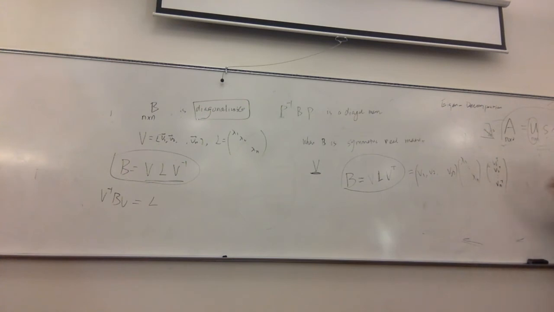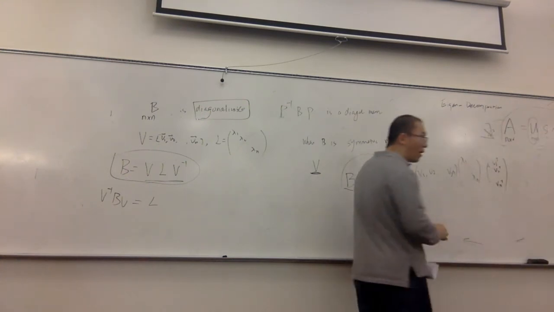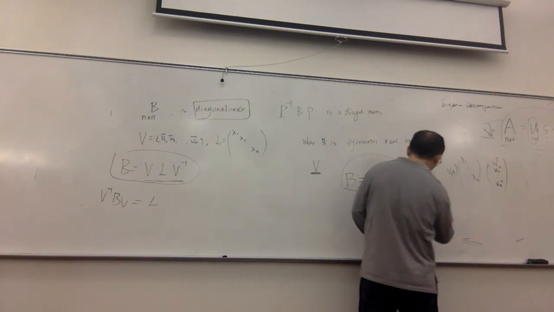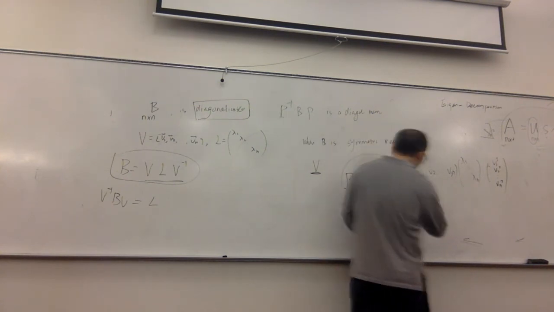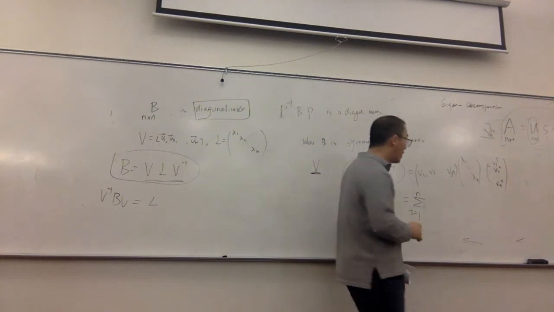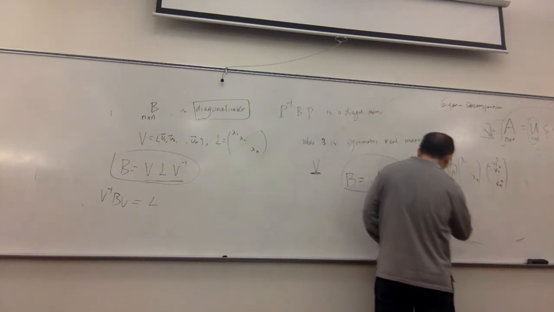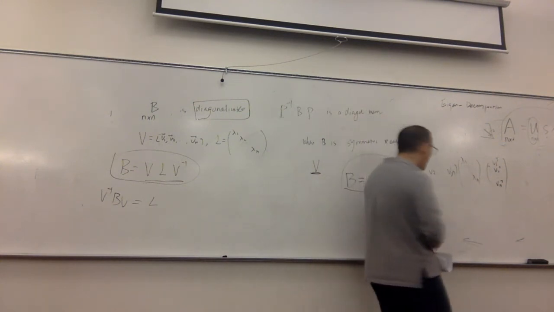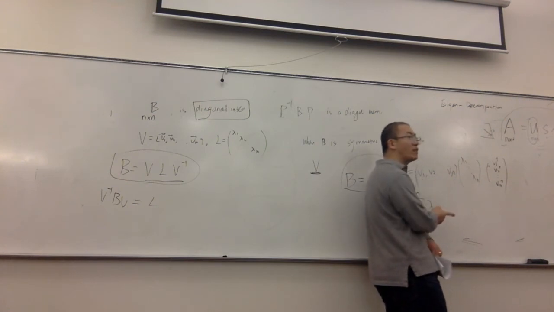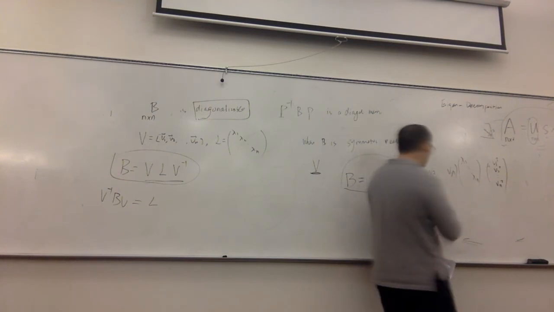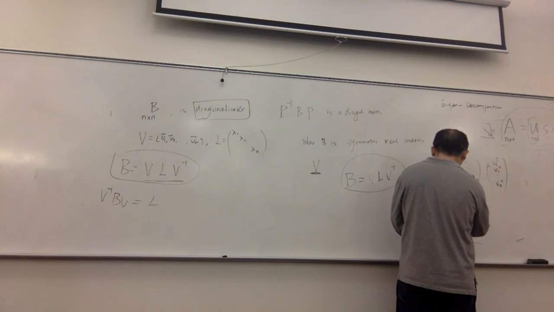If you do this multiplication, you will find that this can be written as the summation from i equals 1 to n, where each summand is simply the eigenvalue multiplied by the outer product of the corresponding eigenvector, which is Vi times Vi transpose.